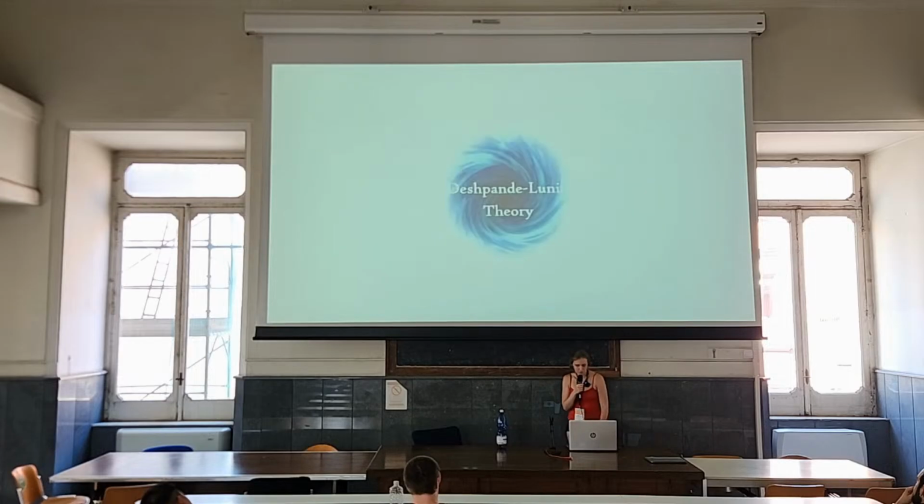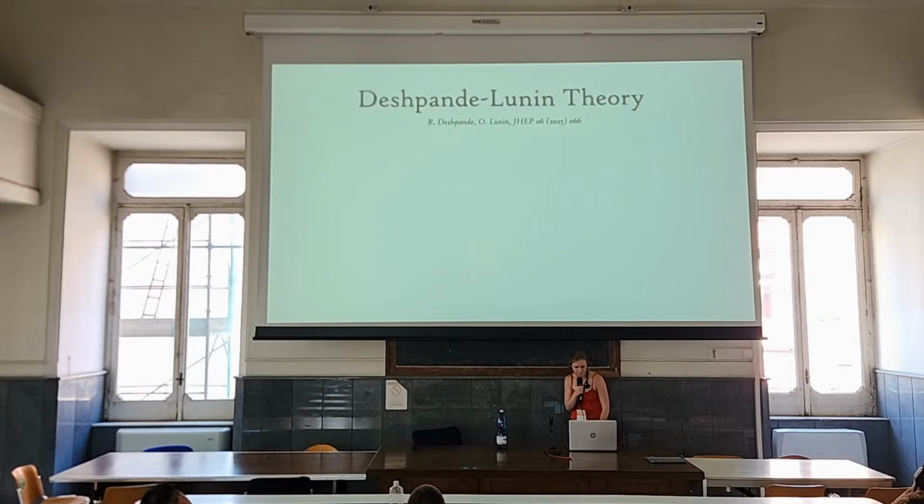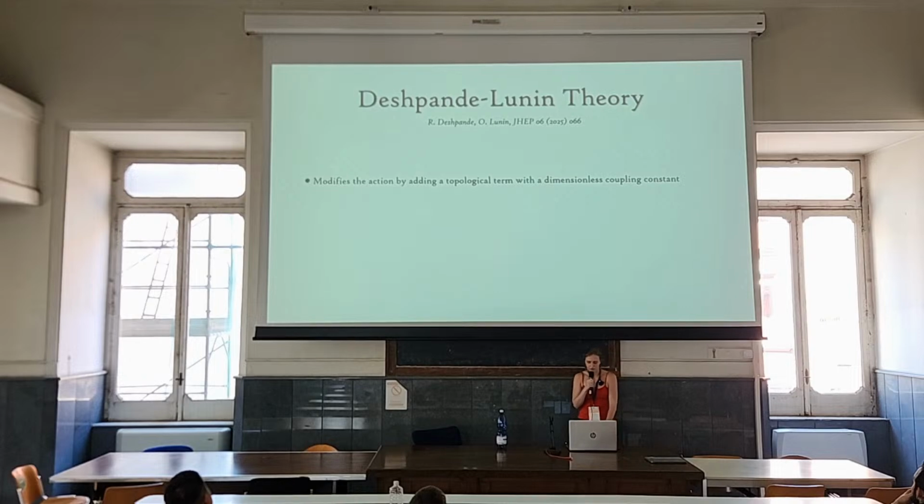But now we have a solution, and that's the Dias-Lunin theory. If you are interested, you can find all details in the paper. Dias and Lunin also tried to solve this problem by modifying the action by adding a topological term with a dimensionless coupling, lambda. Here you can see the action.